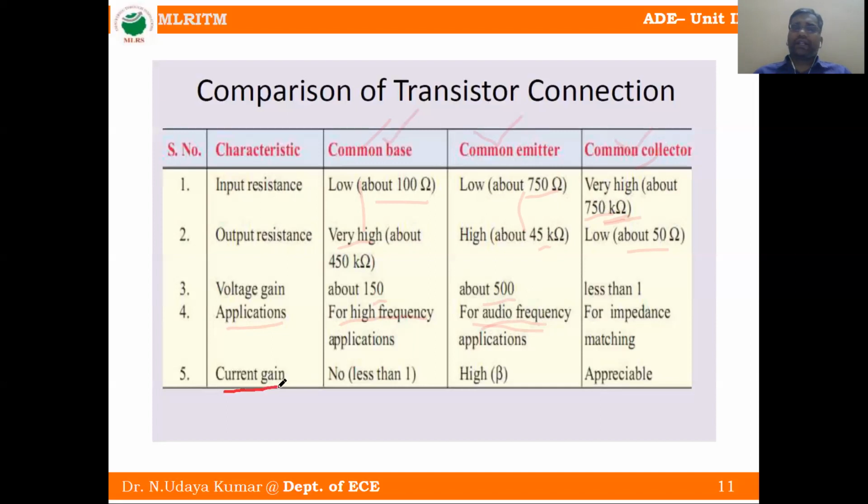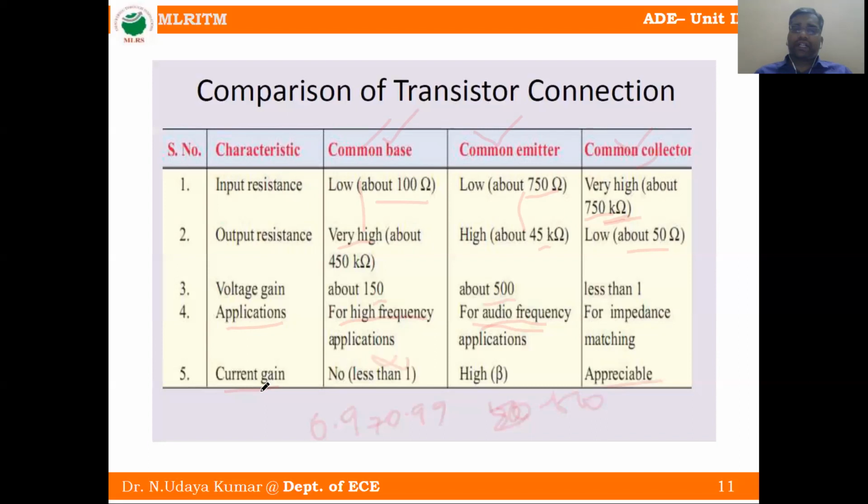Next is current gain. Current gain means output current by input current. In common base it is less than 1, called alpha, about 0.9 to 0.99. In common emitter it is high, called beta, 20 to 500, which is appreciable.